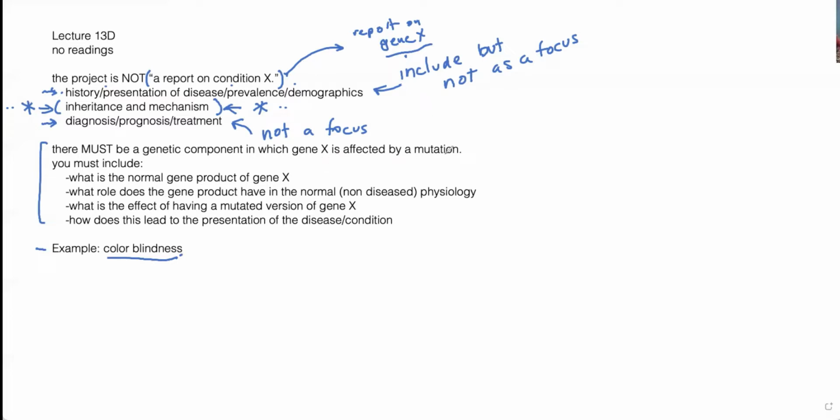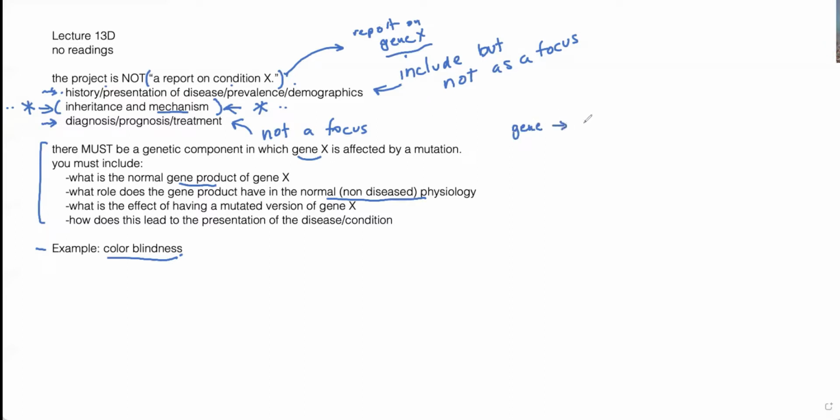What I mean by the mechanism is that it has to be dealing with a gene and a gene product, right? And we have to put things into the normal physiology, in the context of what happens normally in a person that does not have the mutation. They've got the gene in the normal form that's there in the majority of the human population, and the gene is going to be producing a gene product, probably a protein, because you know that genes are coding for proteins.